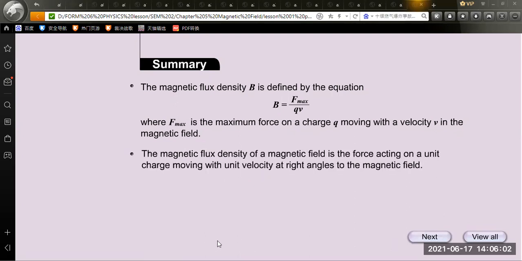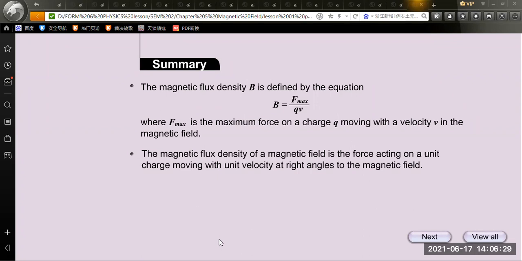The magnetic flux density of a magnetic field is the force acting on a unit charge moving with unit velocity at right angles, 90 degrees, to the magnetic field. The direction of the velocity must be 90 degrees to the direction of the magnetic field.